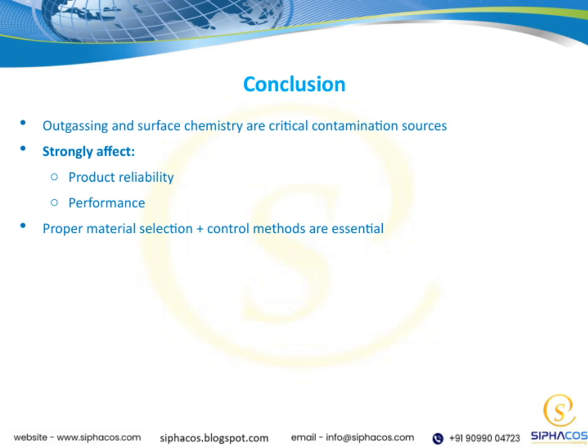That's why proper material selection and implementing effective control methods are absolutely essential. By choosing the right materials and carefully managing surface interactions, we can significantly reduce contamination risks. Remember, understanding these sources helps us design better, more reliable systems and maintain high-performance standards throughout the product lifecycle.